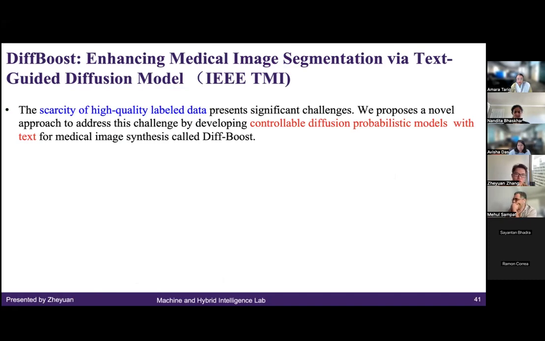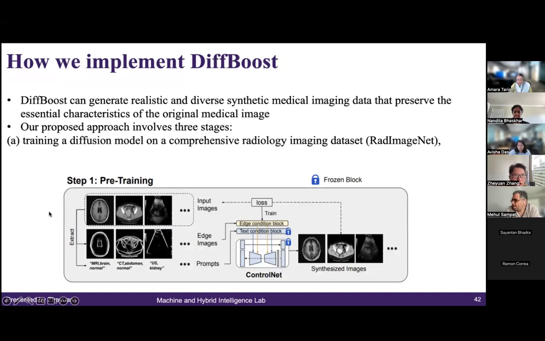So we propose a novel approach to address this challenge by developing a controllable diffusion probabilistic model with text for medical image synthesis. And for this method, what we are trying to do is to generate augmented samples for the segmentation task.